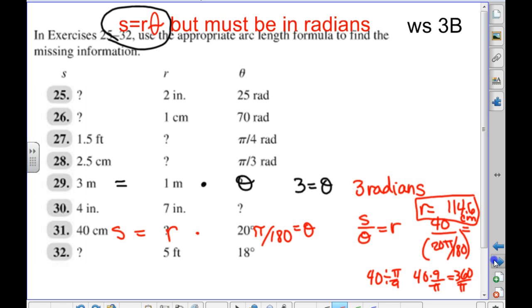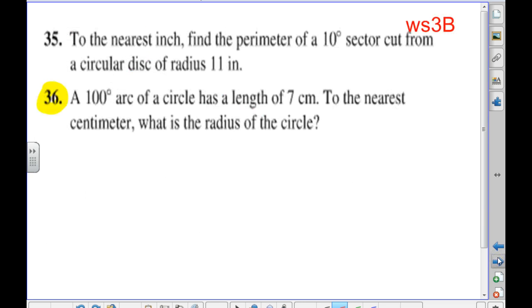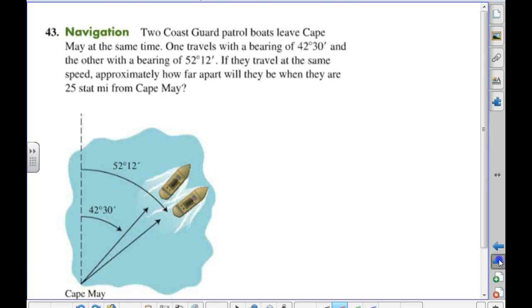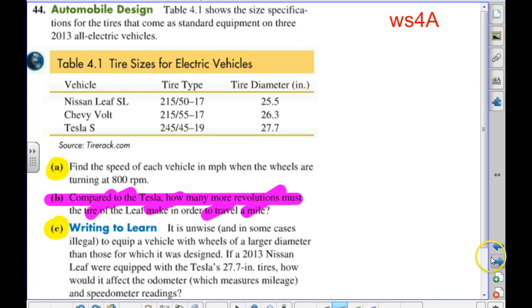All right, I'm going to do one evil question, and then we're going to go do some easy ones on the worksheet. We're going to do, on the next page, I think, this automobile design question, number 44. Is this on 4A, guys? Okay.